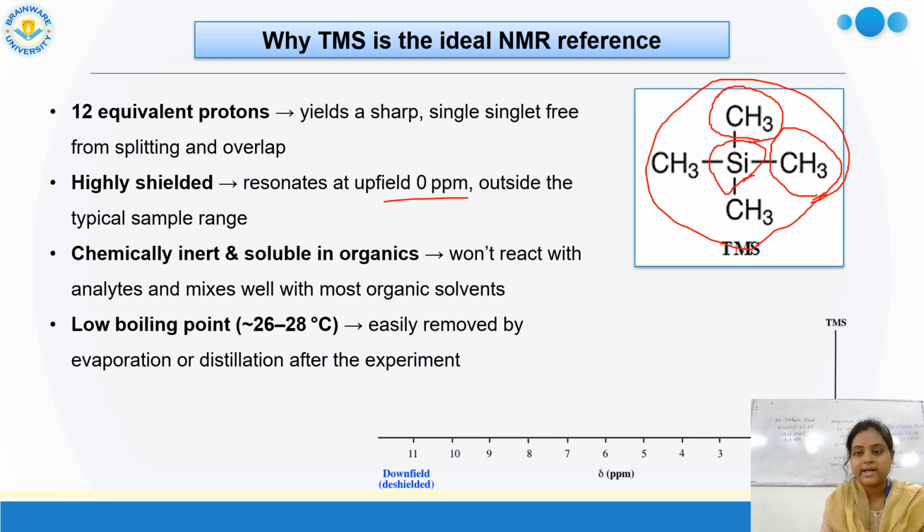So we can easily detect TMS in the NMR spectra. If we see a very small peak at 0, then obviously it can be omitted. So that's why several criteria are there for choosing TMS as a reference. I hope you all understand.